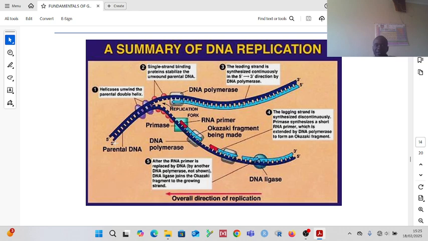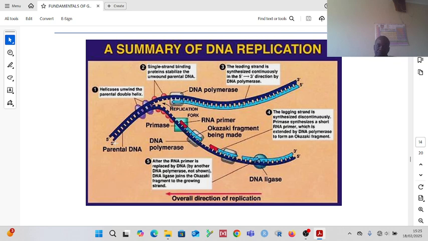You have the leading strand, the lagging strand, the RNA primer, the helicase, the DNA polymerase, showing you what is happening. That's just a pictorial representation of what we've been describing in the earlier section.